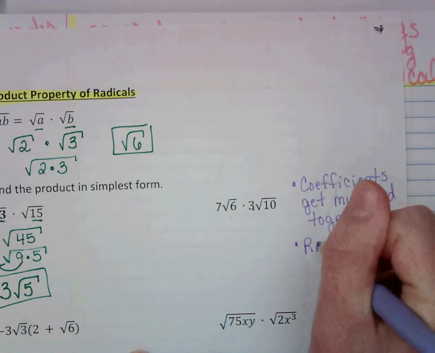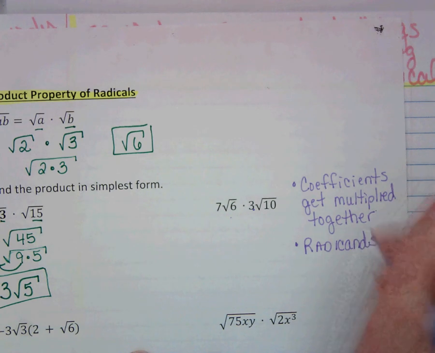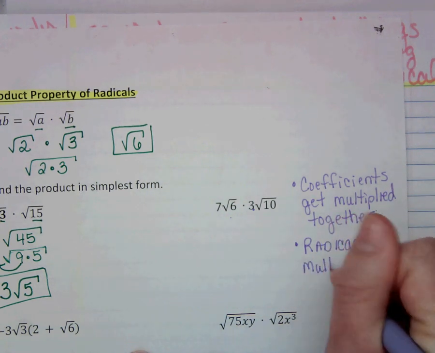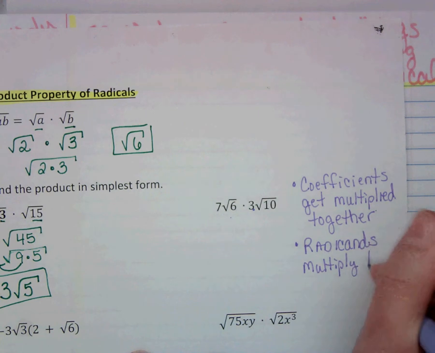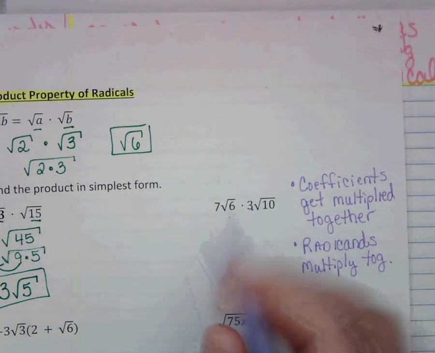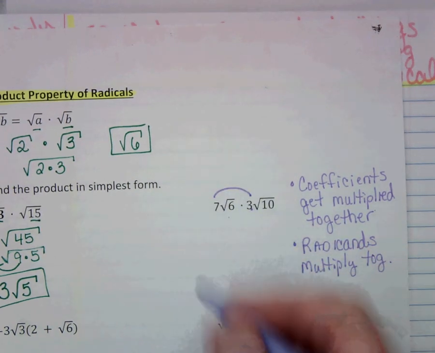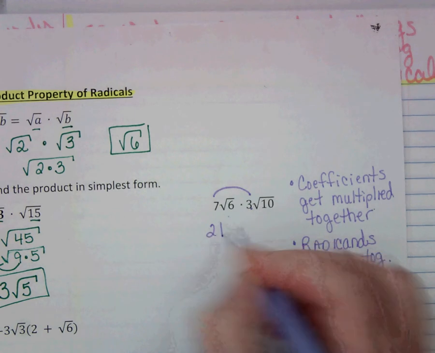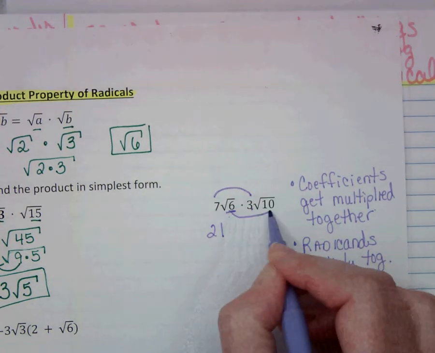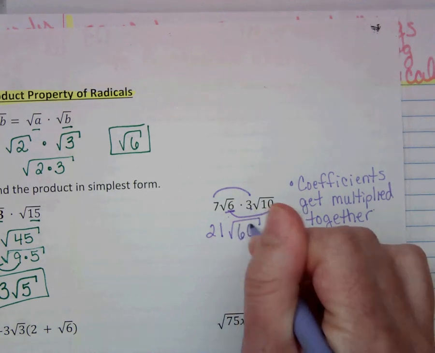And I'm going to say radicands because that's what we're going to focus on. And the radicands multiply together. Remember, they don't have to be like radicals to multiply. So when I put these together, I'm going to put together 7 times 3, which is 21. And then I'm going to put together 6 and 10, which would be the square root of 60.